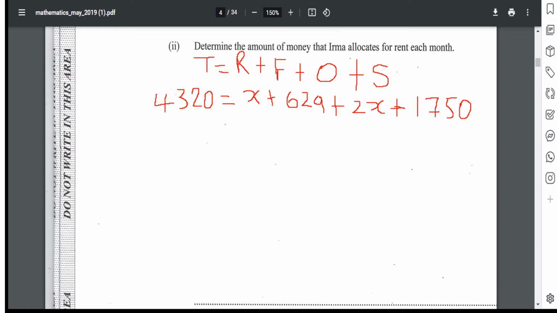X plus 2x gives us 3x on this side, and 629 plus 1,750 gives us a total of 2,379. On this side, we put back the $4,320.